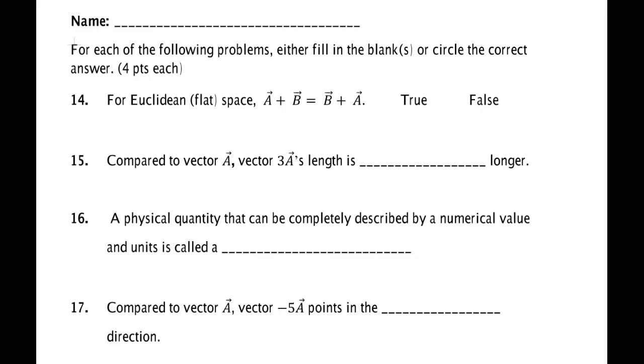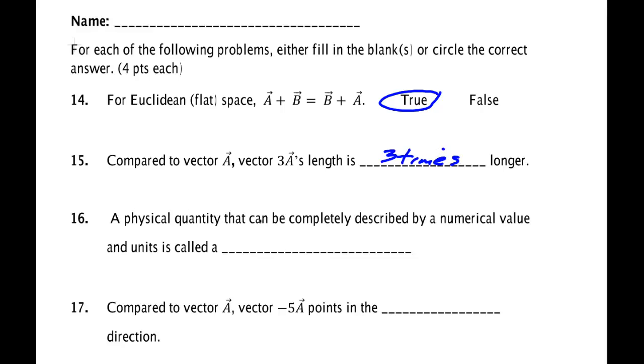Now we have a set of small questions. For Euclidean space, that is flat space, a plus b is equal to b plus a. That's true. It is not true if the space is not flat. And I did a demonstration with a ball to show that that's not true on planet Earth. Compared to vector A, vector 3a's length is 3 times longer.